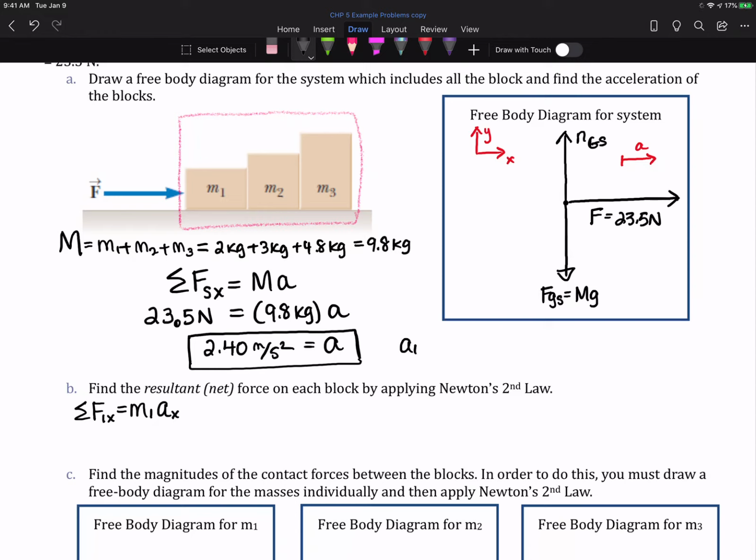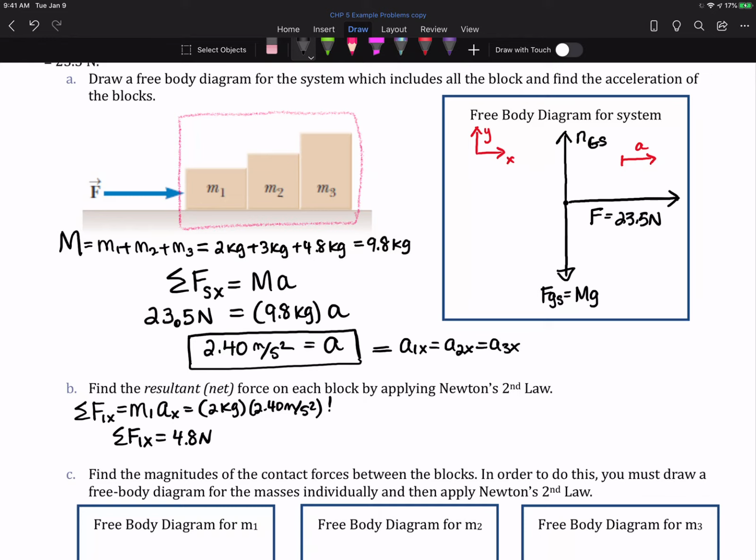So the acceleration of 1 in the x direction is equal to the acceleration of 2, which is equal to the acceleration of 3, and they are all equal to 2.4 meters per second squared. So this is going to be 2 kilograms times 2.4 meters per second squared. So the net force on the first mass is 4.8 newtons.